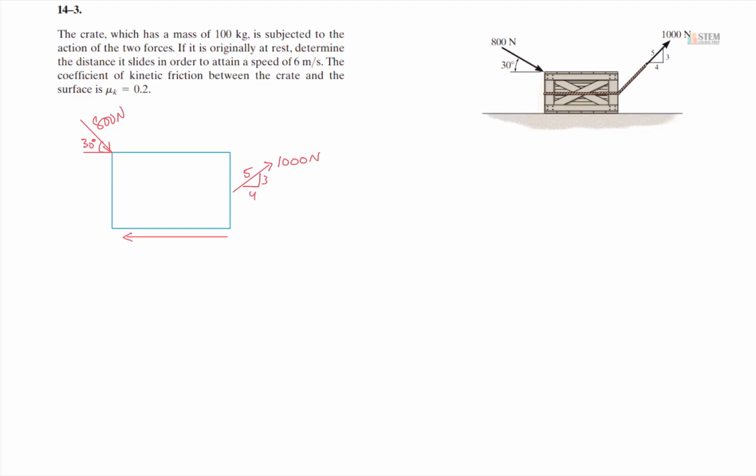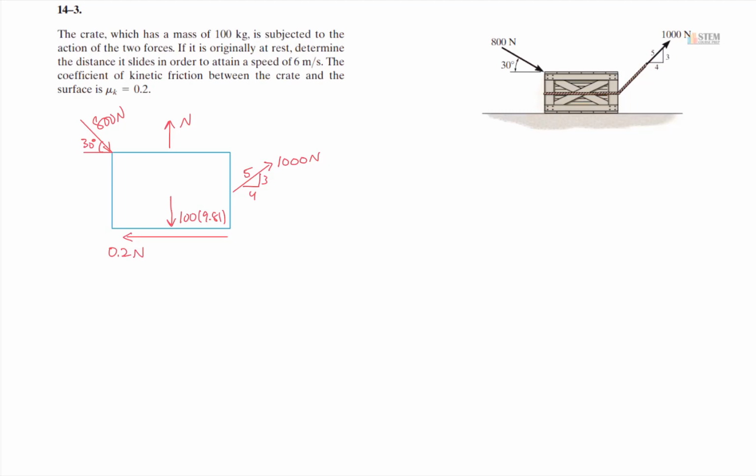So for this case, we're going to have 0.2 times N. We'll find N in just a minute. Now N is the normal force, so that's just going to go straight up right here. And then last thing we would have would be the weight. So it's going to be 100 times 9.81. And that's what we've got.